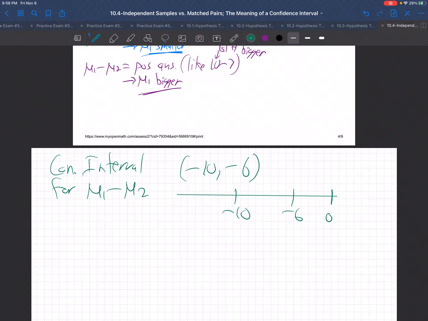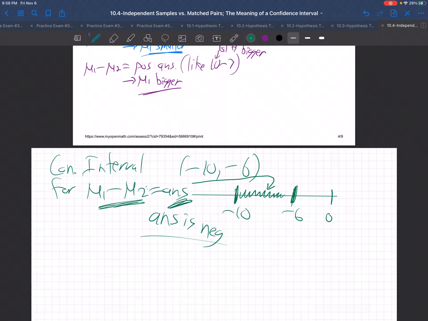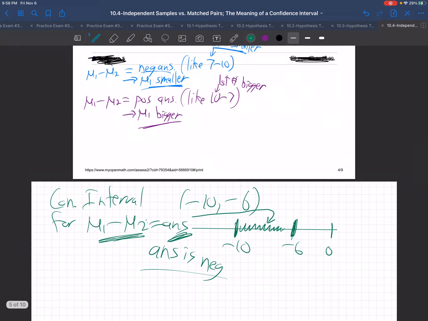We are confident that the difference, mu1 minus mu2, the answer, is somewhere between -10 and -6, which means the answer is negative. And what does a negative answer mean? Mu1 is smaller.